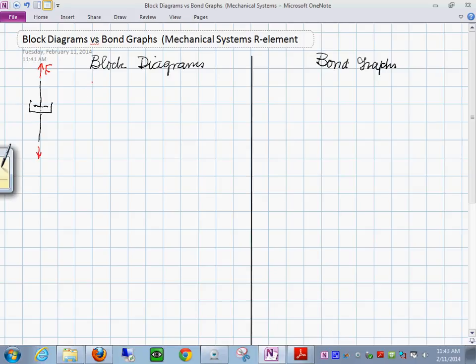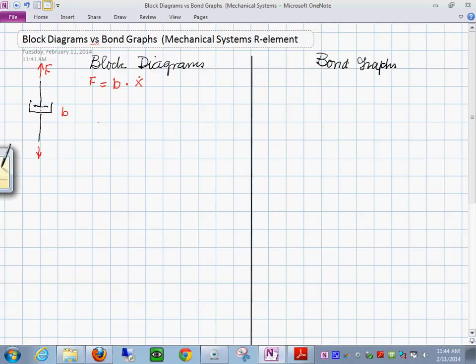So what does F look like? F is equal to the value of B, which is the constant, multiplied by the velocity like this, right? This is how it works.